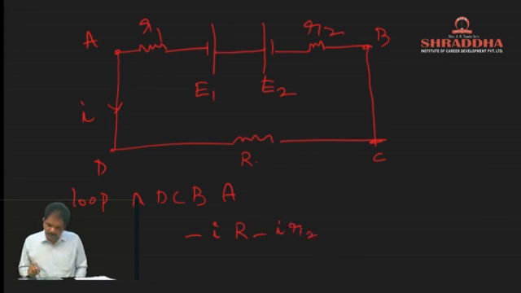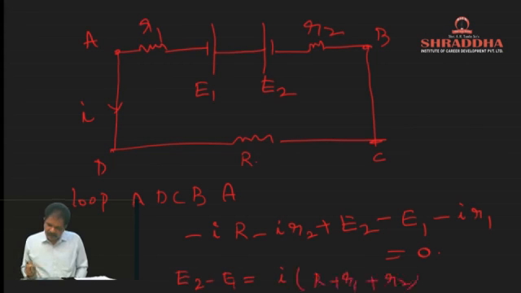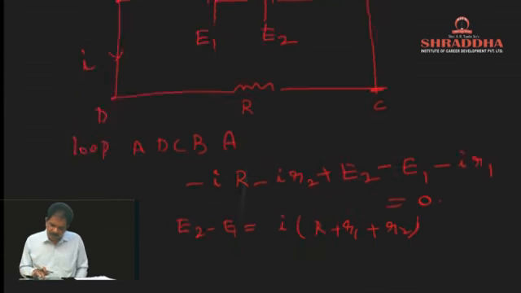Here, low to high we are going, so plus E2. High to low we are going, minus E1. So again here minus IR1 is equal to 0. So E2 minus E1 is equal to I into R plus r1 plus r2.